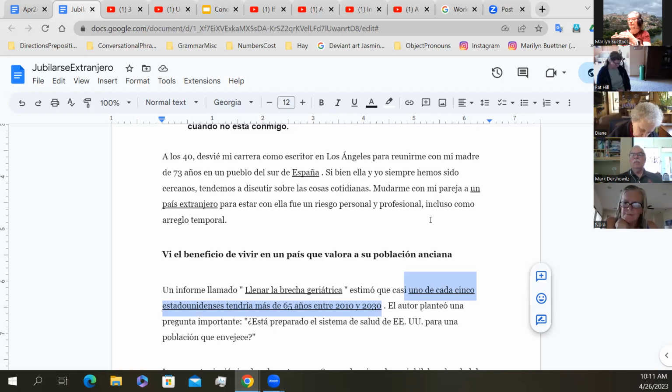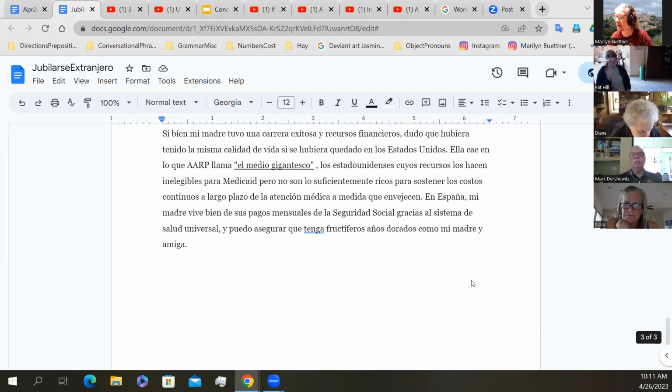But 1 out of every 5 U.S. citizens would be, and this again is highlighting that hypothetical situation, would be over 65 between 2010 and 2030. So this is about the boomer retirement span, and people retiring.